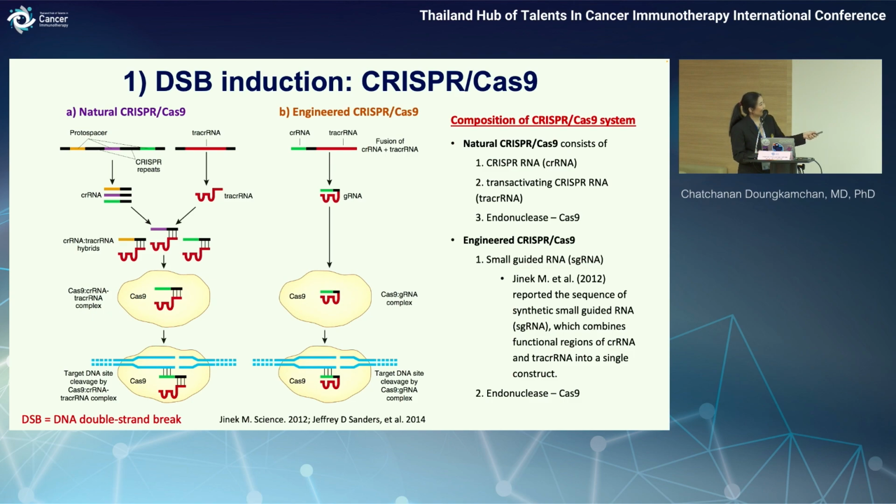The system that directs the Cas9 to a specific place in the genome, for the natural CRISPR-Cas, has CRISPR RNA and also the trans-activating CRISPR RNA, or tracrRNA. These two come together and form a complex with Cas9.